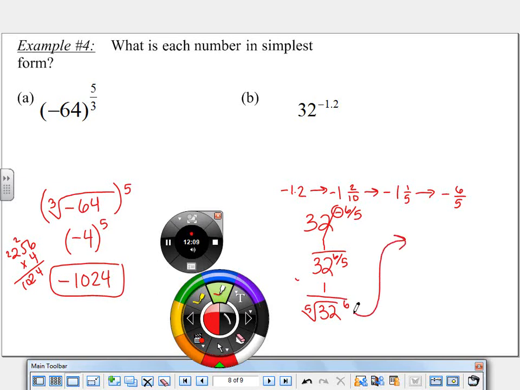The 5th root of 32 is 2, so I'm going to do the root before the power. So I'm going to get 1 over 2 to the 6th power. And 2 to the 6th power is 64. So I'm going to have 1 over 64 as my final result. So normal exponent rules, negative means we use the reciprocal, but just understanding that 6/5 means the 5th root and the 6th power.